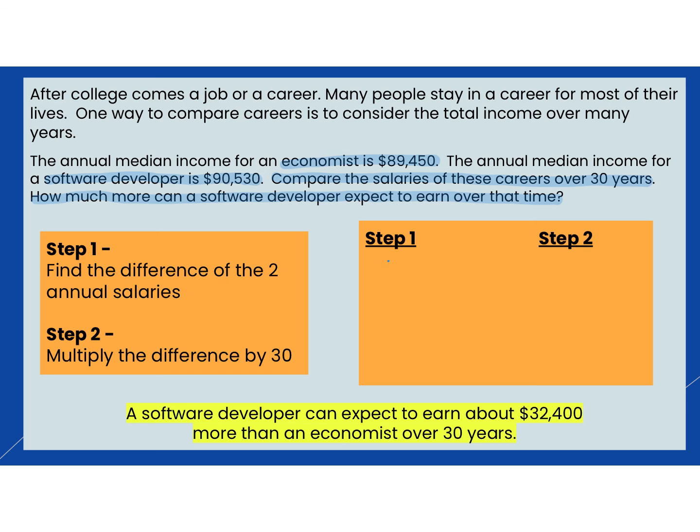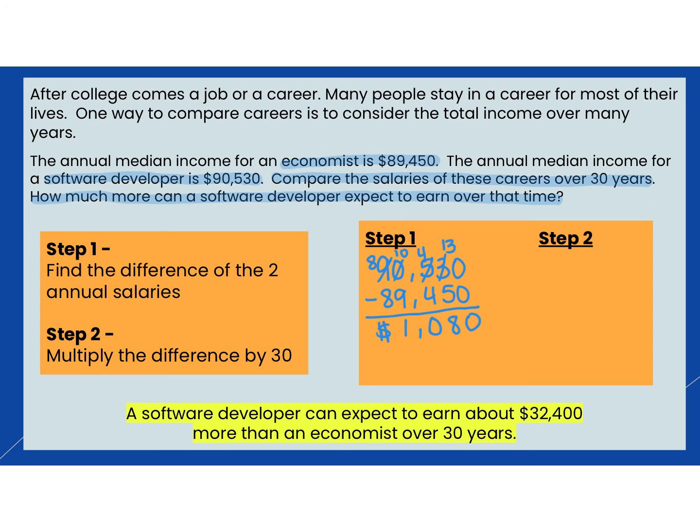The software developer salary is $90,530, and we'll subtract the economist's salary from that, $89,450. The difference in salaries is $1,080.